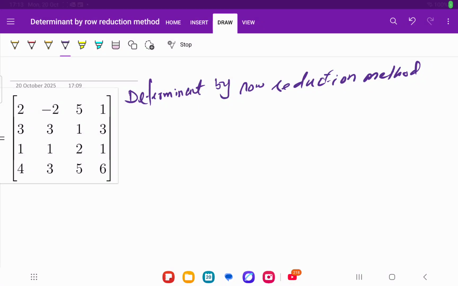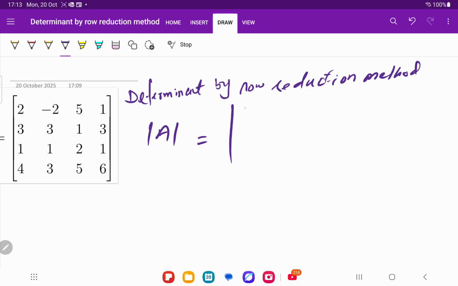First of all, you will write your matrix in the form of a determinant, and a determinant is written with straight lines.